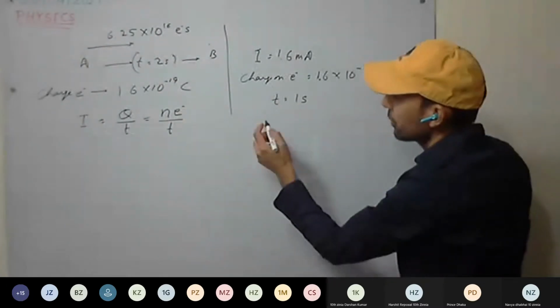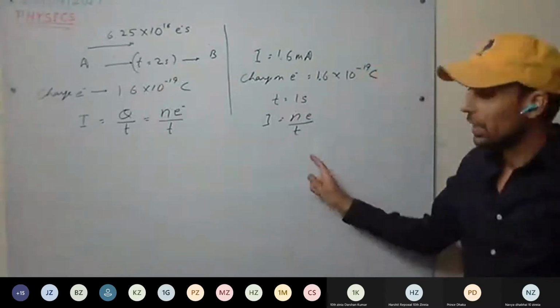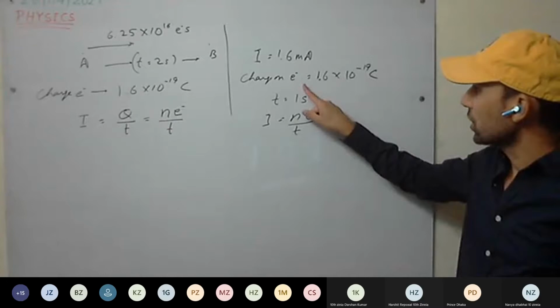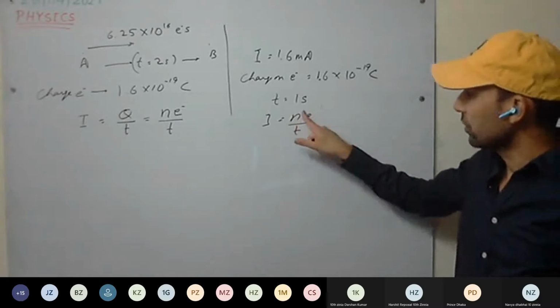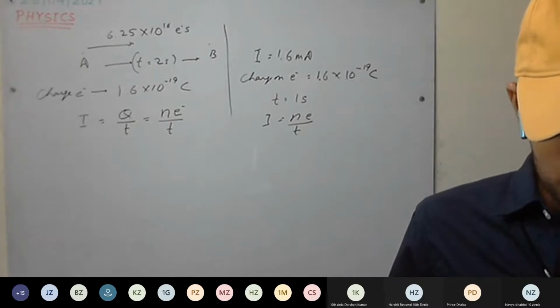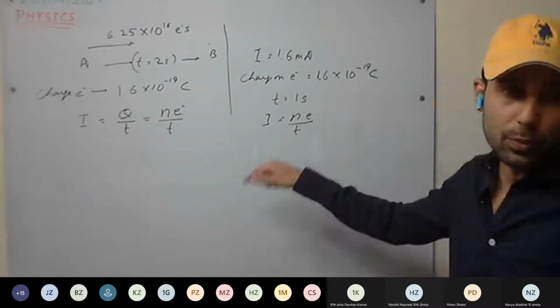You can calculate with the same formula, I equal to ne upon T. I is given, T equal to 1 second is given, charge on each electron is given, and you have to calculate. Can you calculate it now? Any doubt over that? So here charge will take 1.6.